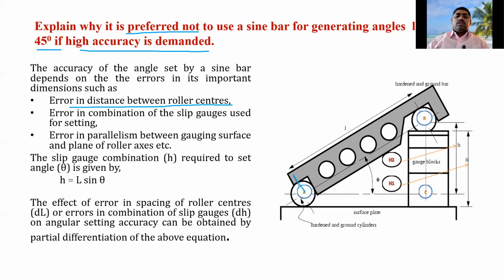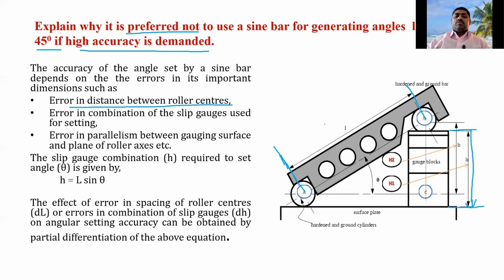If there is any error between the roller centers, that causes error. Error in combination of slip gauges used for setting: if there is any error in setting up of the slip gauges, that also causes error.